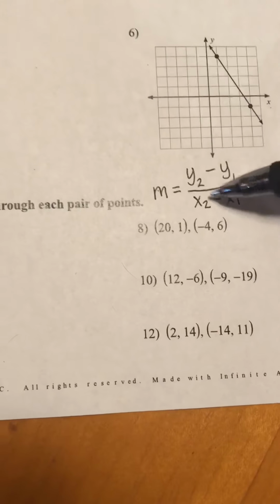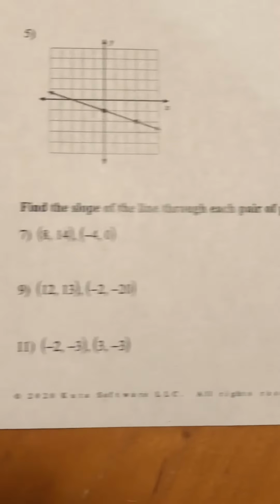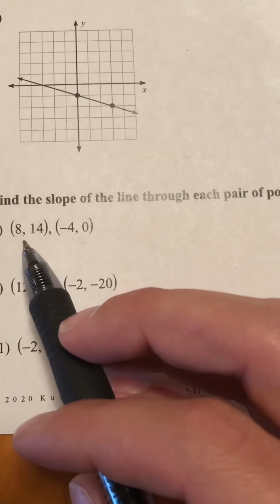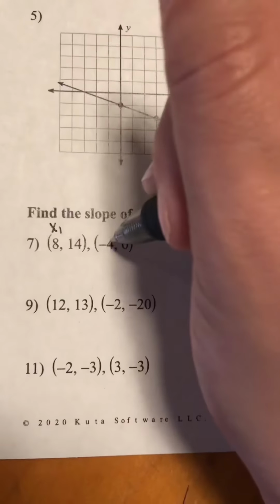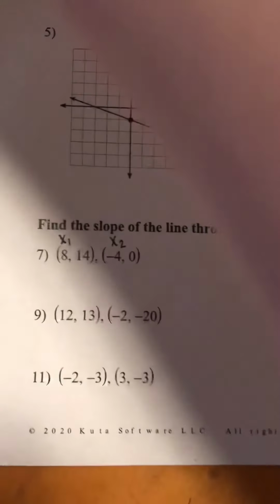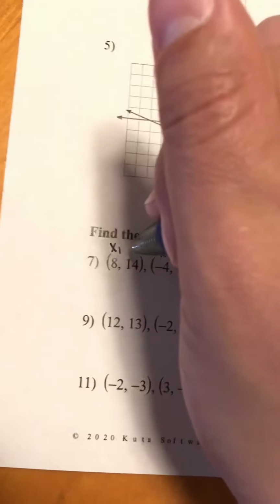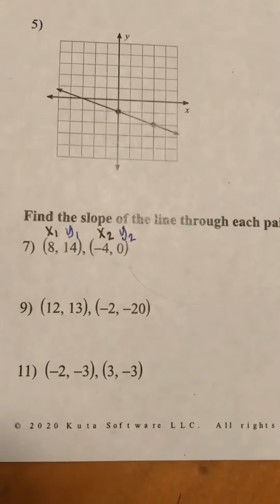Now, these x2 and x1, that just refers to the points that we're talking about. So, for example, if I'm going to label this, the x value is always the first number. So 8 is going to be my x1, and this -4 is going to be my x2. And then vice versa with y. The 14, since it's the last number in the point, is going to be my y1. The 0 is going to be the y2.